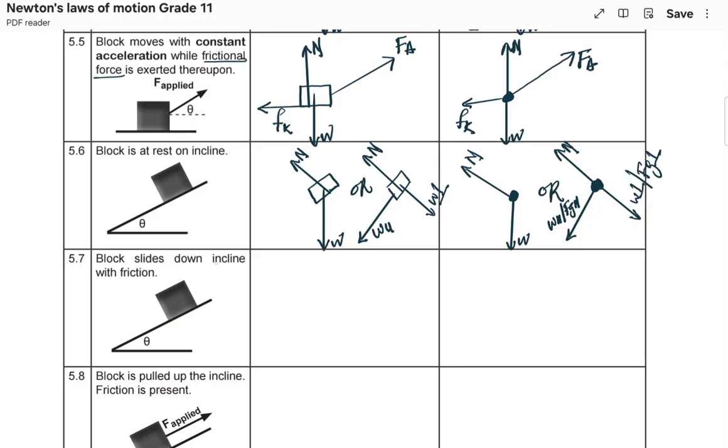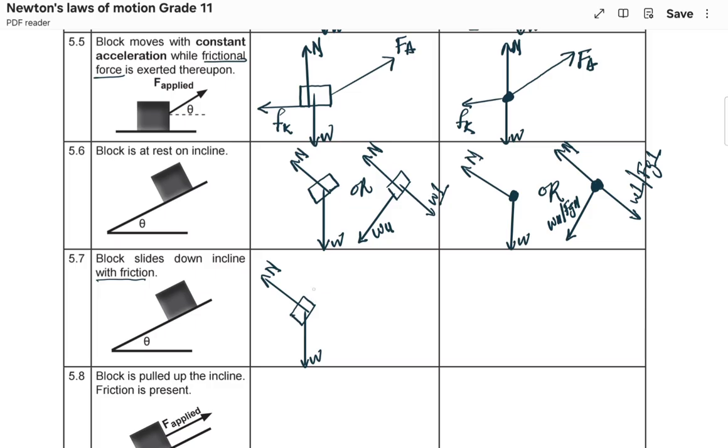then with friction, this time with friction. So now if we slide down with friction, I'll be having this box. So then the weight is downwards, then normal is there.